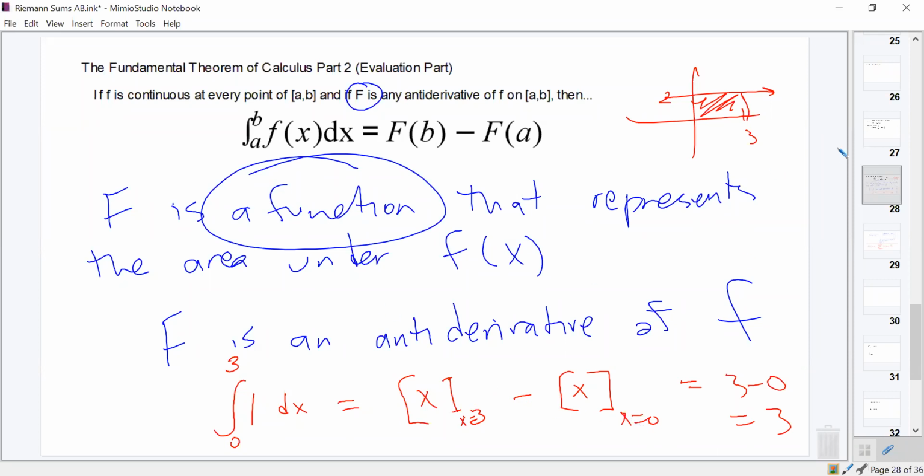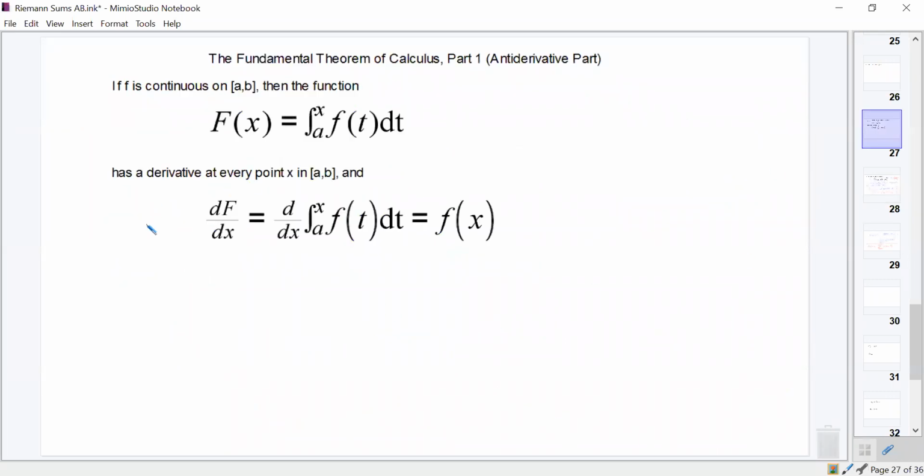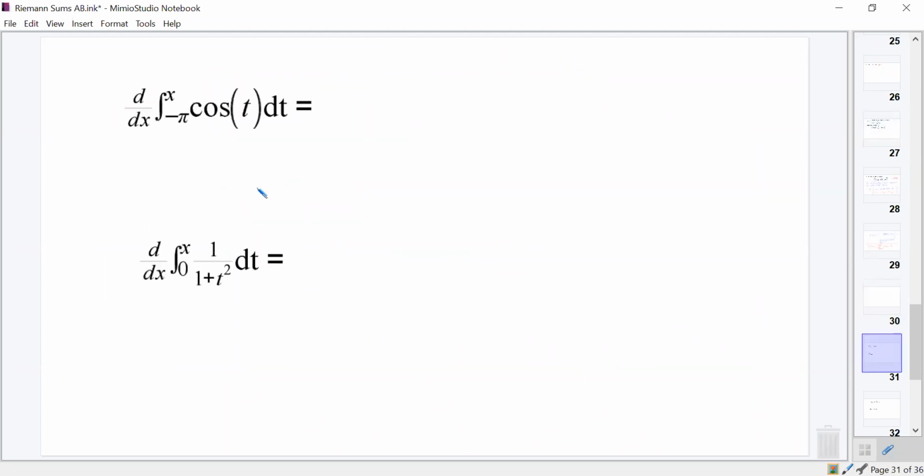So we're going to use that, in addition to the fact that the derivative and the antiderivative are inverse operations of each other when we go from a constant to x, to be able to evaluate some other functions like these, which we'll do in just a second.